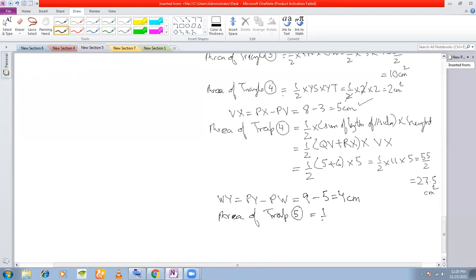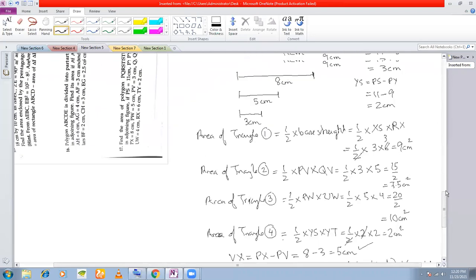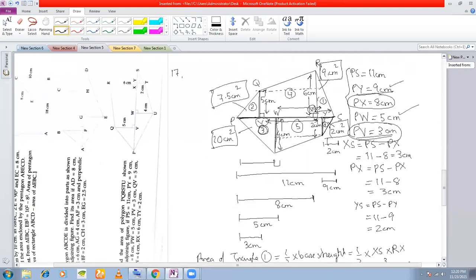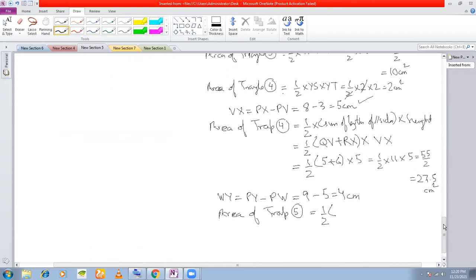So area of trapezium 5 is equal to half into sum of the lengths of the parallel sides. What are the parallel sides? UW and YT. And the height is WY, which we have found. So now just put the values here.